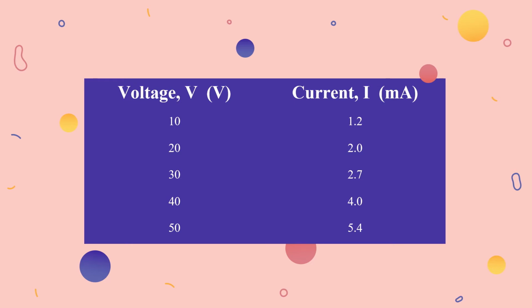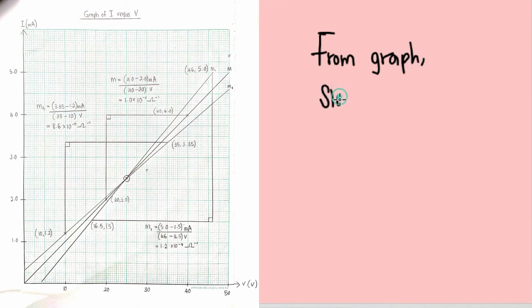After that, we use this data to plot the graph of current I versus voltage V. From this graph, we obtain a linear line, which is m. Then we calculate the slope of the graph, which is m equals 1.0 times 10 to the power of negative 4 ohm to the power of negative 1.